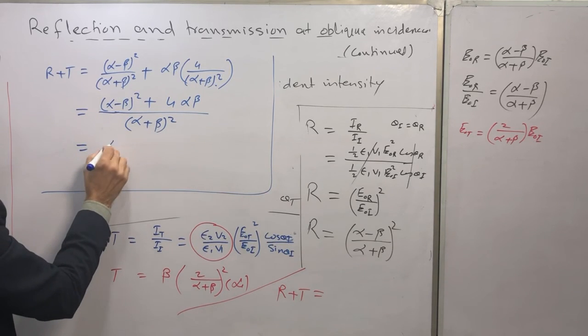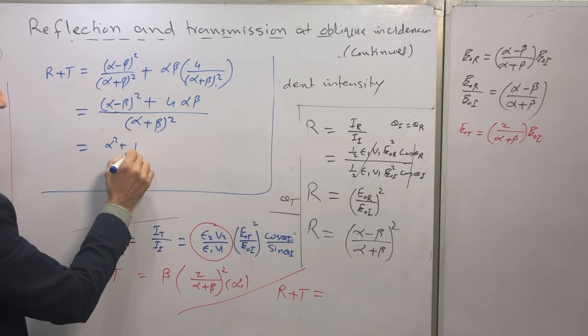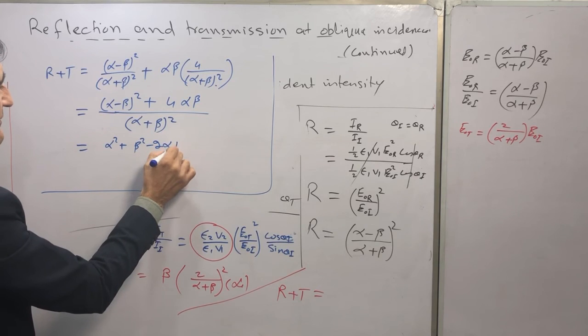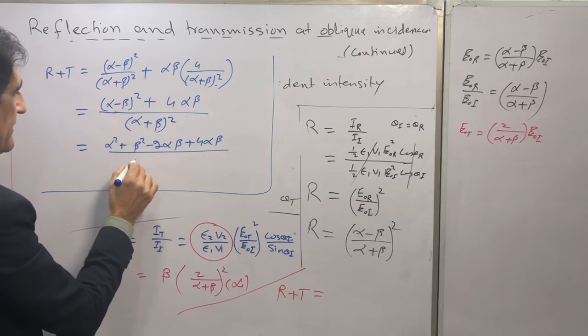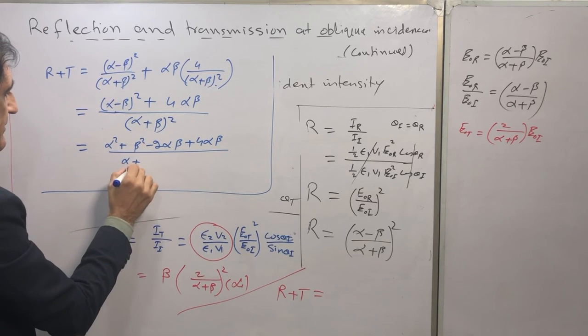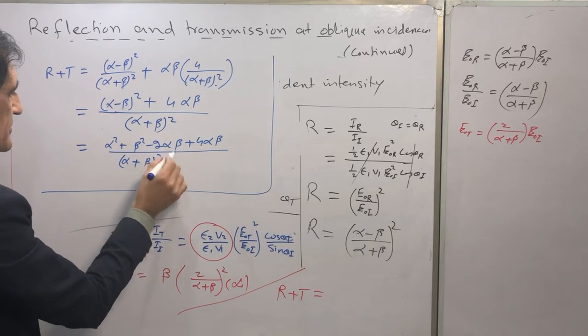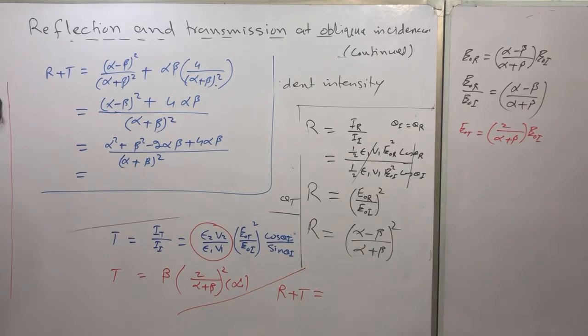And from this, alpha square plus beta square minus 2 alpha beta plus 4 alpha beta divided by alpha plus beta whole square.